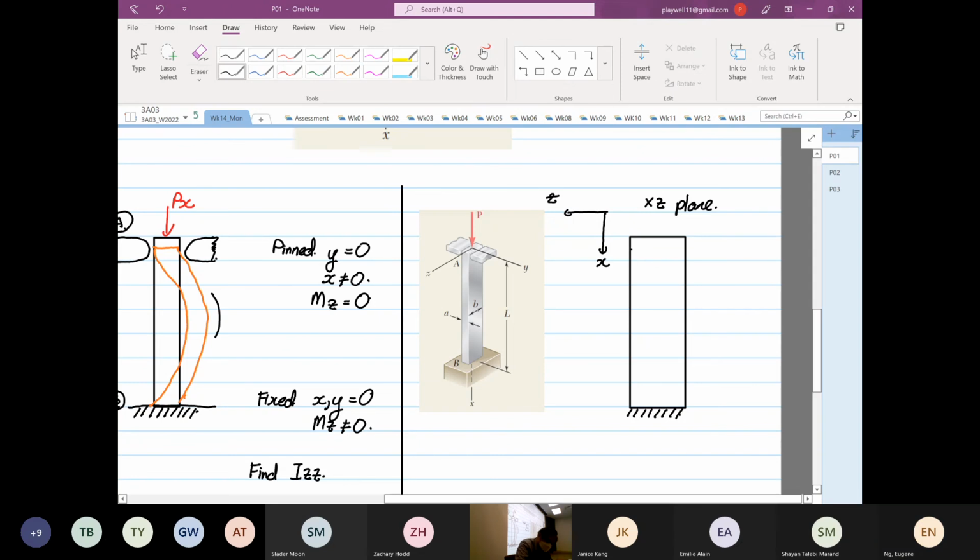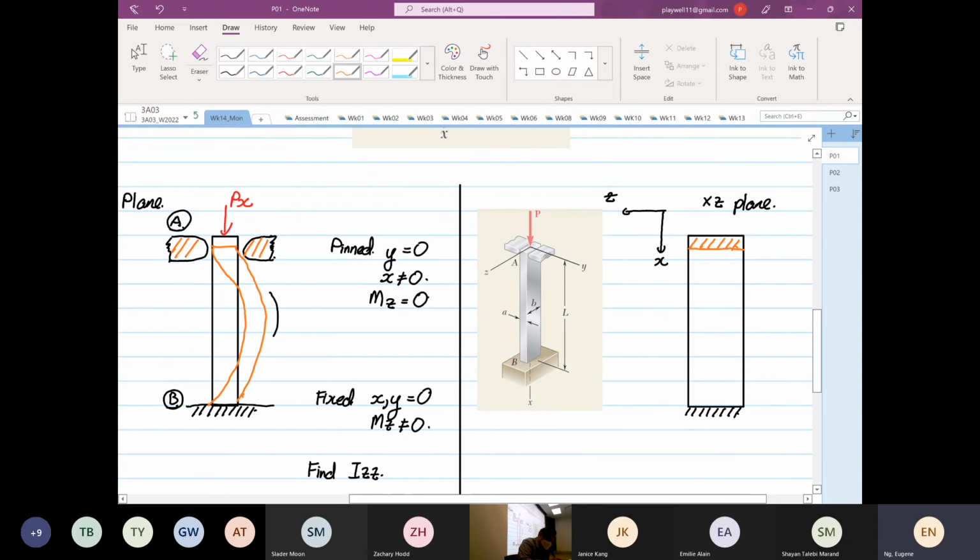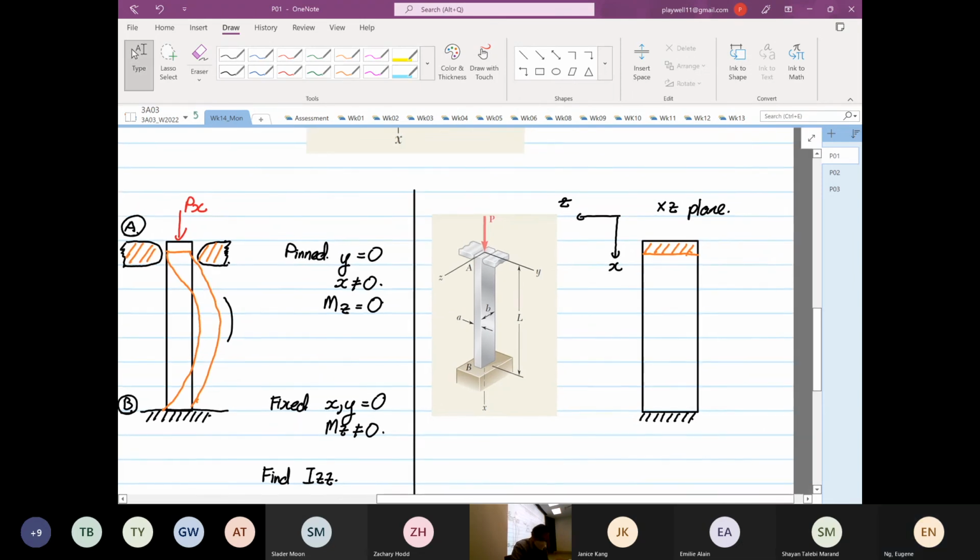So over here, this is the restraining structure, basically the same thing that I've drawn for this. I'll just hatch them so you know what we're looking at.